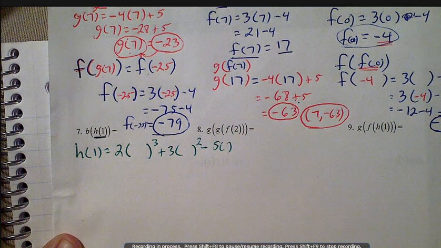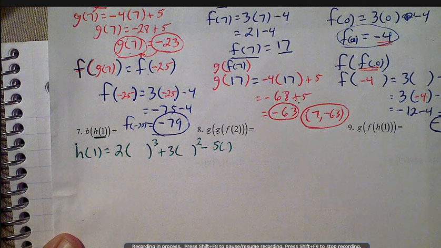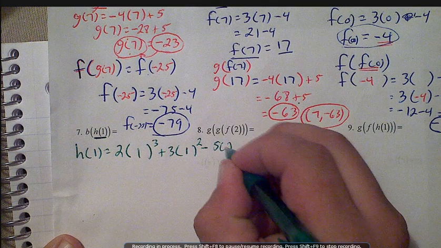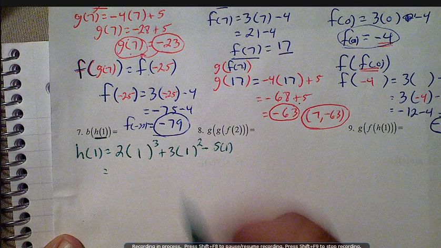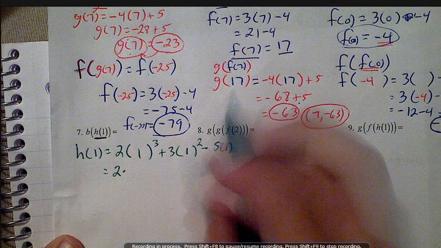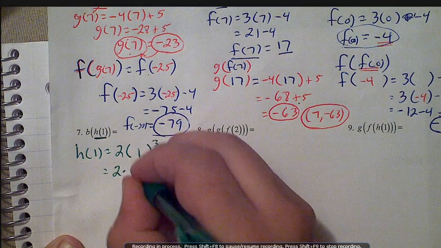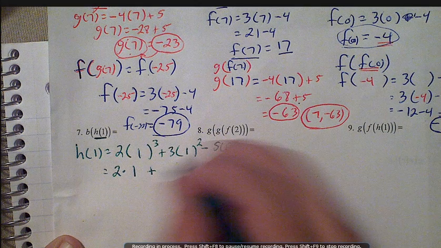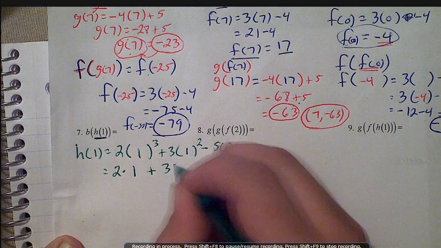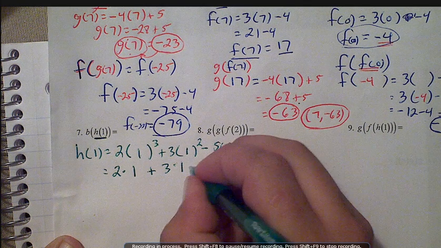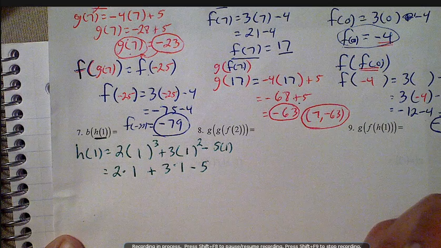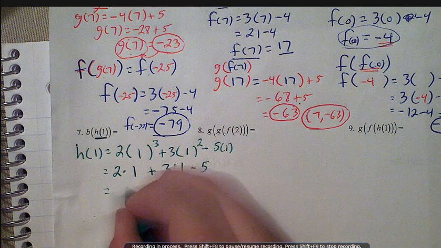So order of operations. 2 times 1 to the third is 1, plus 3 times 1 squared, 1, minus 5 times 1. 2 plus 3 minus 5. So h of 1 is going to equal 5 minus 5, 0.